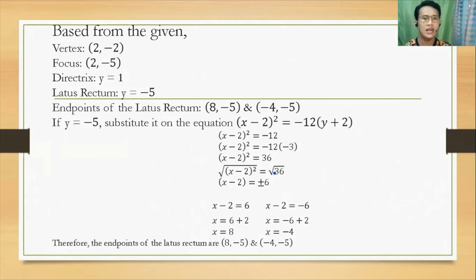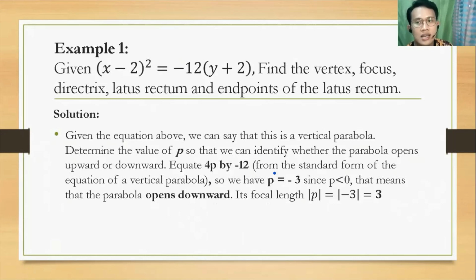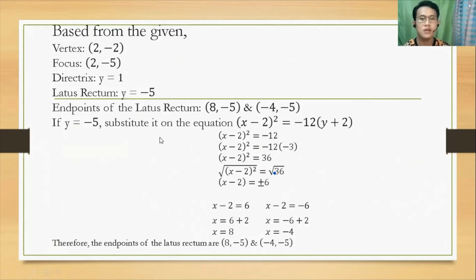Sir, how did you get the focus 2 and negative 5? All you need to do for the focus is copy the h, since this is a vertical parabola. That will always be the value of your x for the focus. And sir, how did you get negative 5?